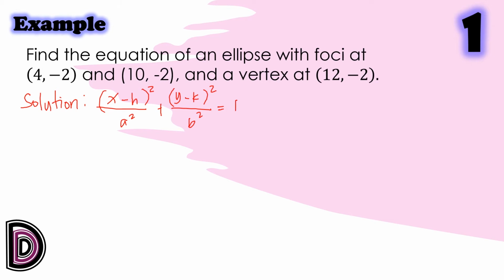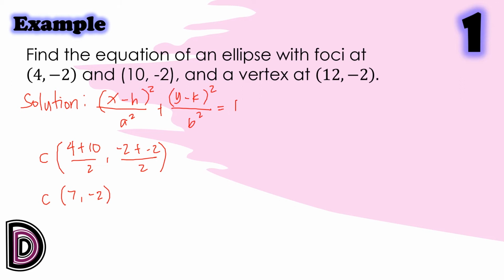Since the center is midway between the foci, we can get the coordinates of the center using the formula for the midpoint. Hence, we have (4 + 10)/2, comma, (−2 + −2)/2. So we have the coordinates of the center as (7, −2).